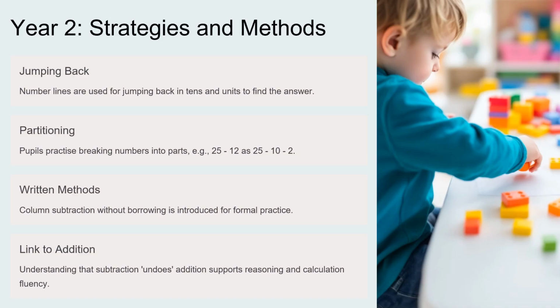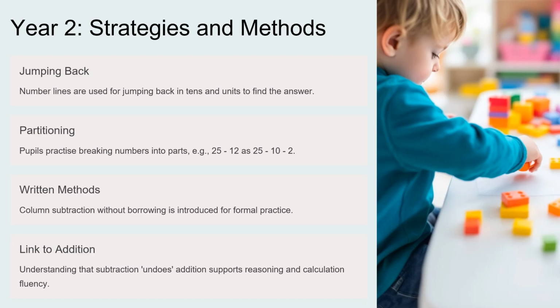We use a number line for this quite often, so we jump back in tens and units to help us find an answer. We do work on partitioning, where the children practice breaking numbers down into their different parts. For example, 25 take away 12 could be seen as 25 take away 10 take away 2. So they break down the 12 into the tens and ones to help them do it in smaller chunks.